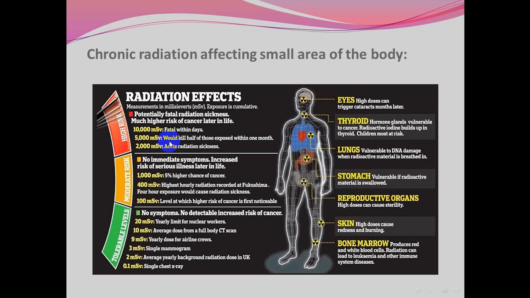Okay, this is the summary for the high risk doses. The moderate risk will be between 100 millisievert and 1000 millisievert, while the tolerated level of the dose is between 0.1 millisievert and 10 millisievert, which represents the yearly limit for nuclear workers who work at the nuclear fields.